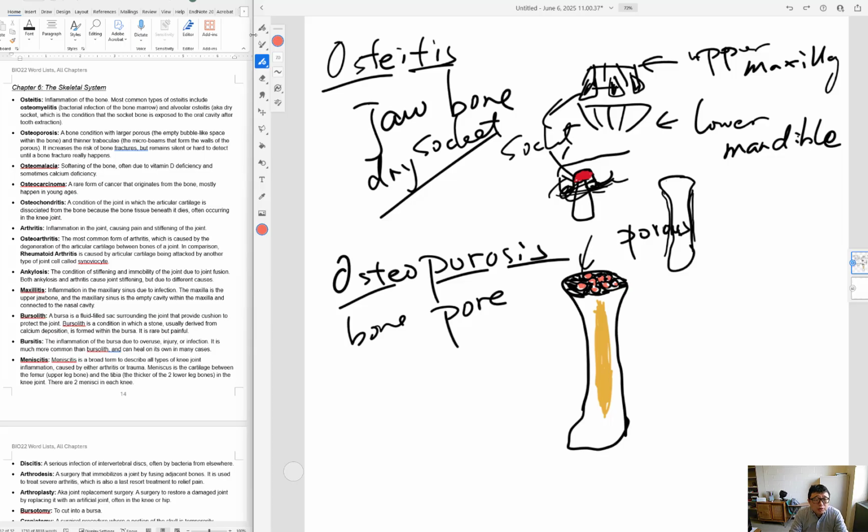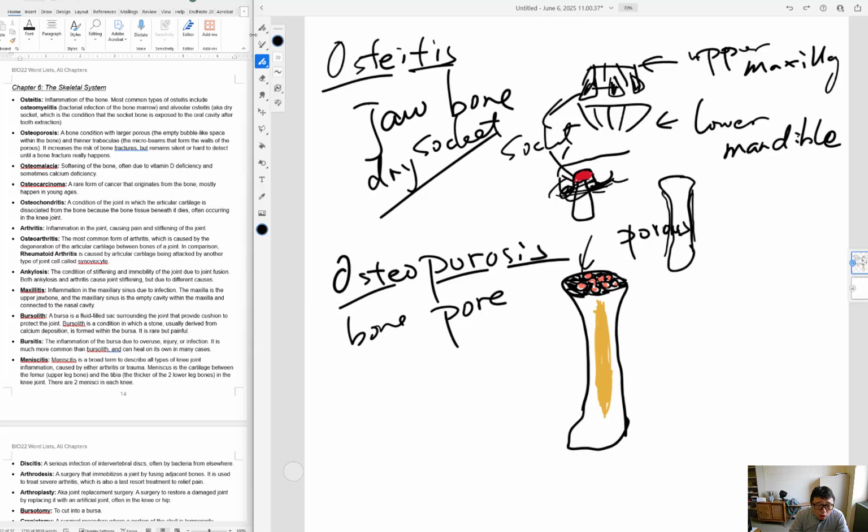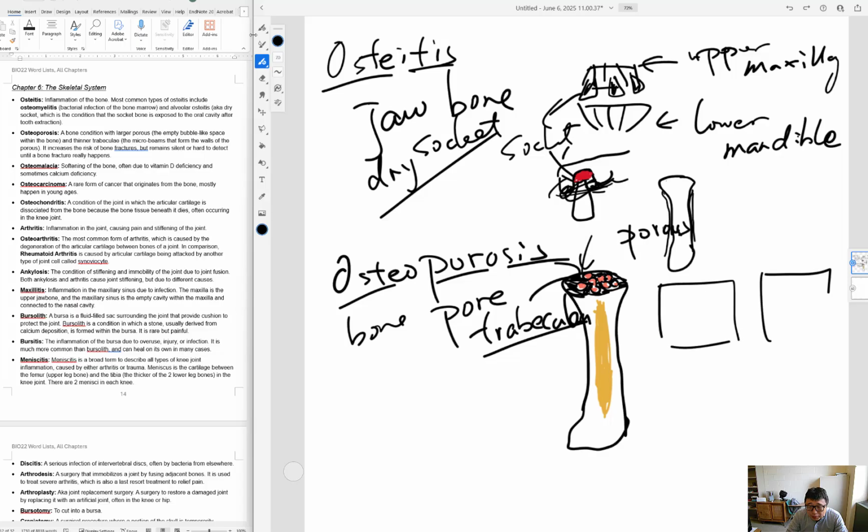The blood cells are produced there. And the walls that hold the pores together also have a special name. They're called trabeculae, which is a plural form. I don't know if it's a plural or single form.